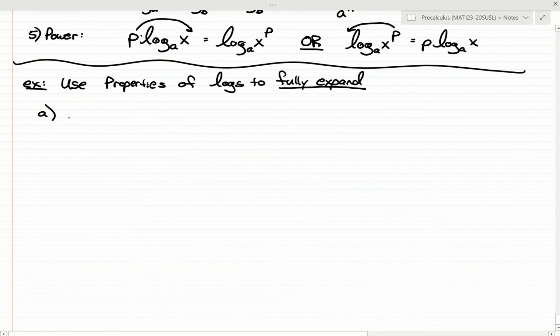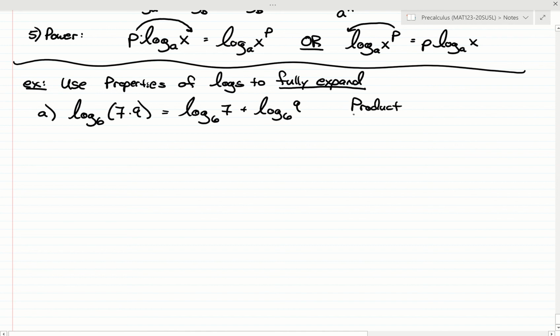So what if we had log base 6 of 7 times 9? Well, we could use the product property, and if there's multiplication inside, we could actually write this as log base 6 of 7 plus the log base 6 of 9. That's using the product property. What about if we had the log base 2 of the cubed root of m squared?